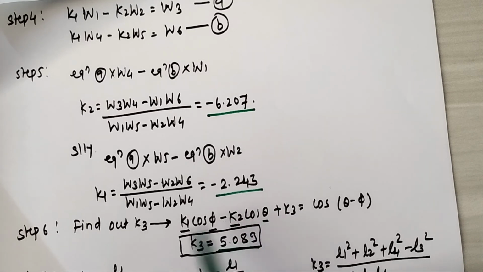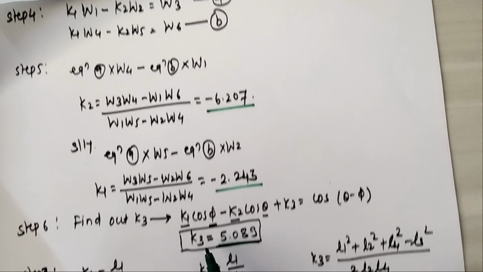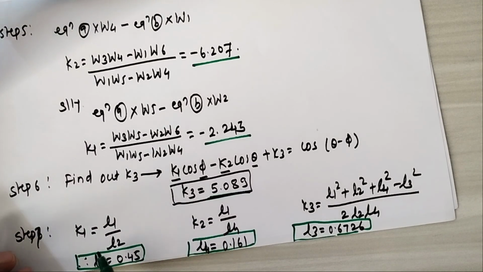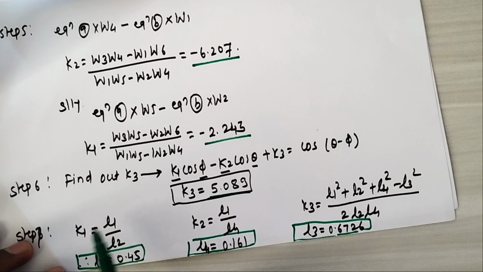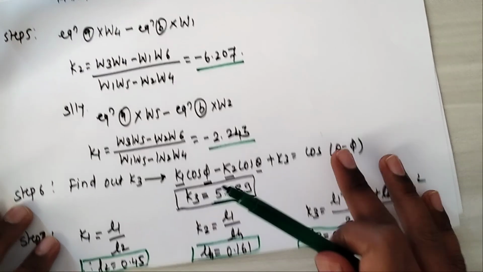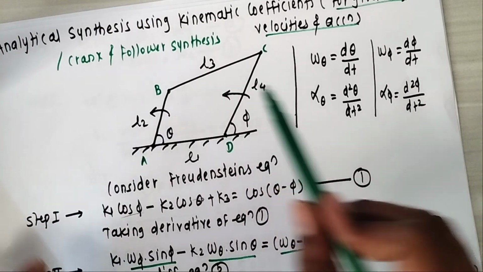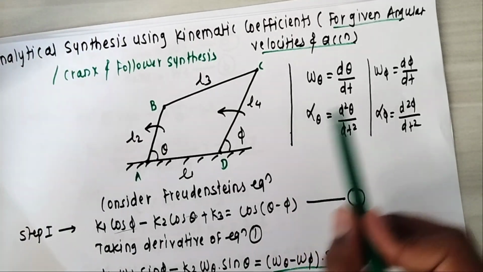As theta, phi, K1, K2 are known, we can find K3. And finally, by using the equations of K1, K2, K3, we obtain L2, L3 and L4. Of course, K1, K2 are negative, so we take the modulus to obtain link lengths. This is our procedure to solve a problem on crank and follower synthesis when this kind of data is given.